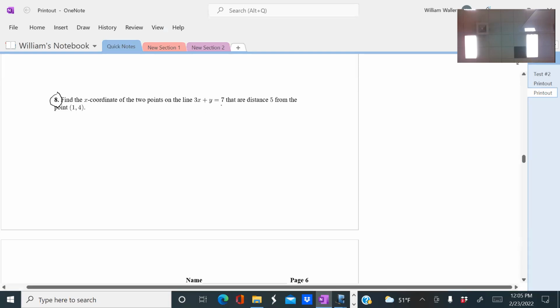Those points that we're looking for, we don't know their coordinates. Since you don't know their coordinates, you're just going to have to use variables. That's really an important first step here.